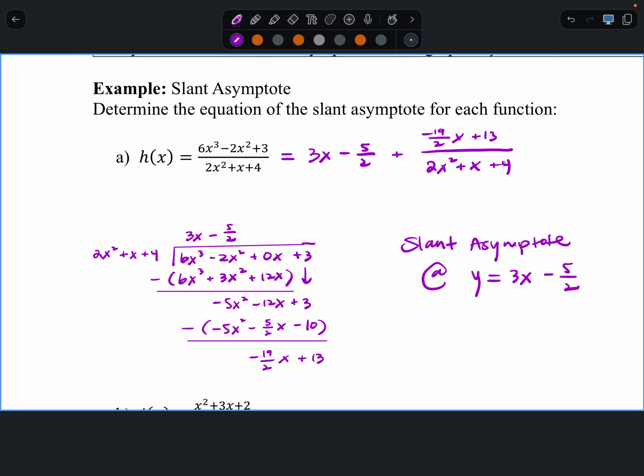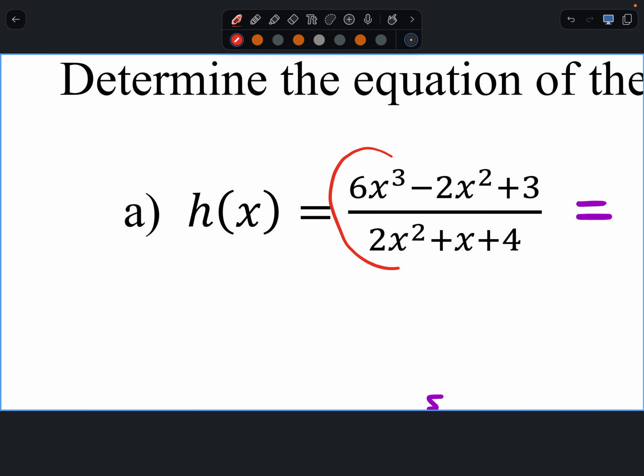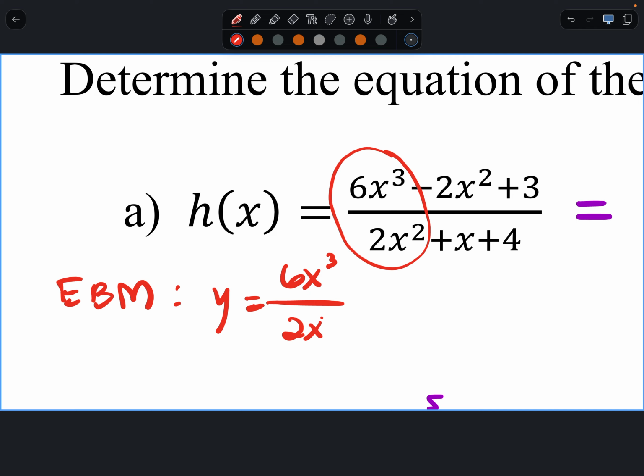We're going to say that the remainder is 12 over 15, which means the slant asymptote is x minus 5.